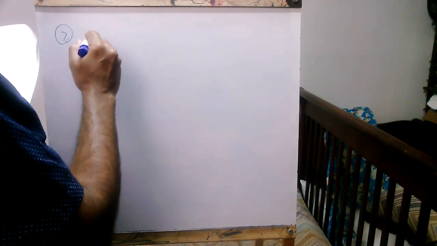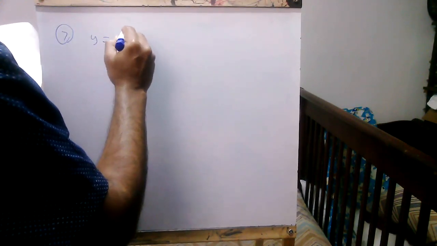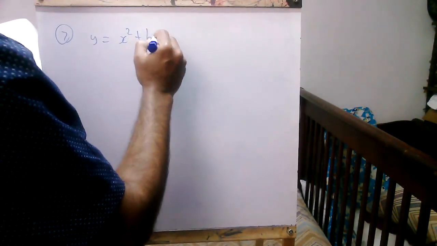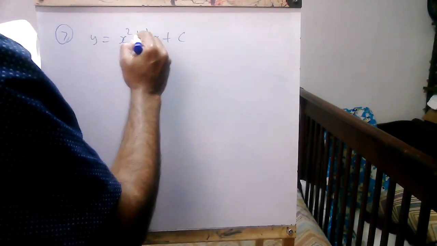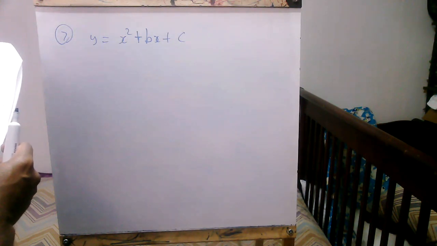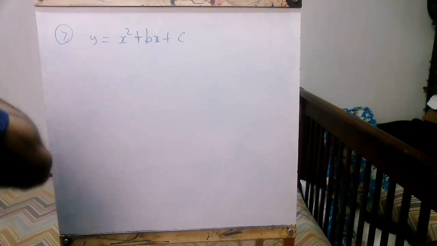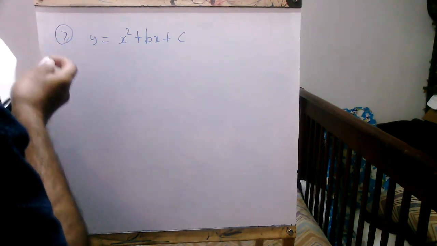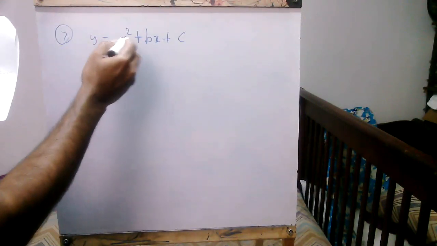y equals x squared plus bx plus c. Symmetric about the line x equal to 3. Okay, now this is a parabola.